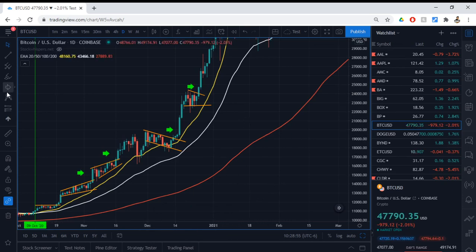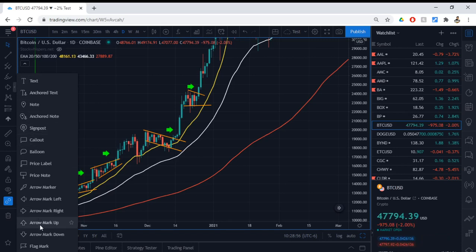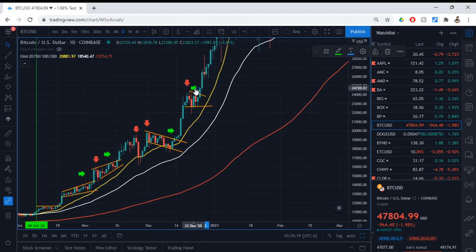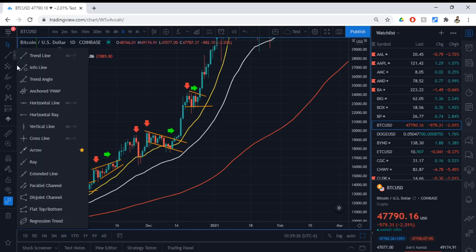Now, had you taken the short trade, so let's say you wanted to trade there, or you took that short position, or that short position, you can see that it would not have worked out so well.